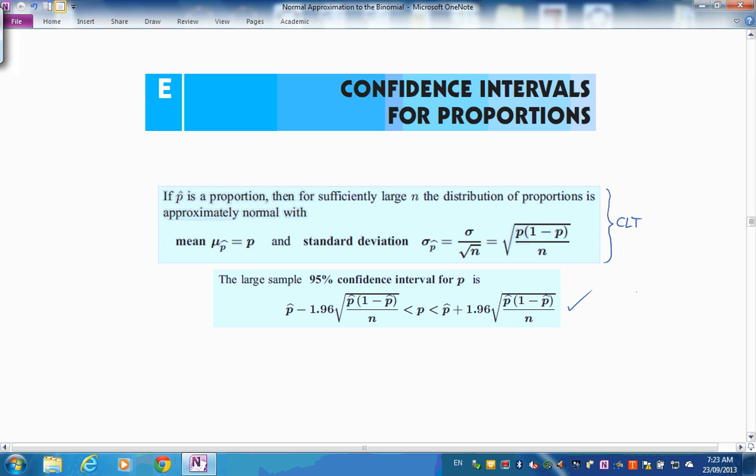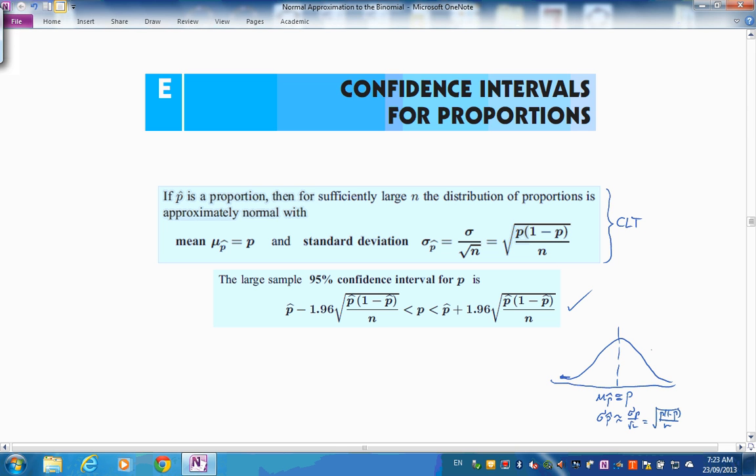Therefore we can use the same idea again. As soon as we get into that normal distribution situation, here we have it. I'll flatten that out there. We have a mean of the p hats equal to the proportion approximately, and the sigma of the p hats approximately equal to sigma p on root n, which is the square root of p, 1 take p, on n.